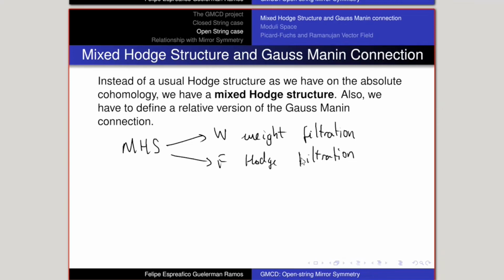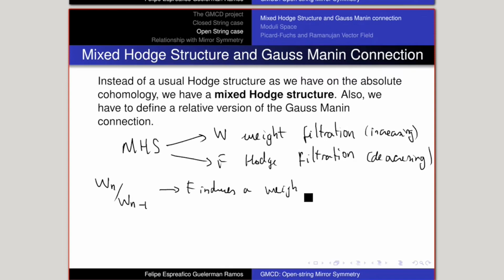And what we want is that this is increasing and this is decreasing. And the point is that if we consider the quotients W_n by W_{n-1}, we expect that F induces a weight n Hodge structure on this quotient, right?